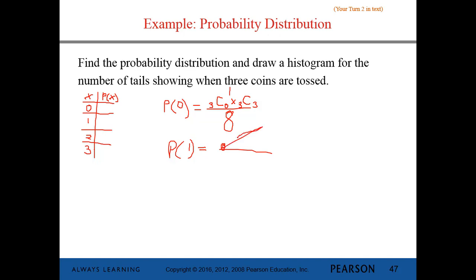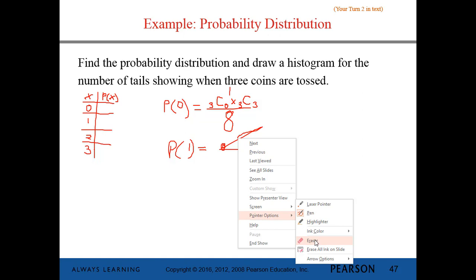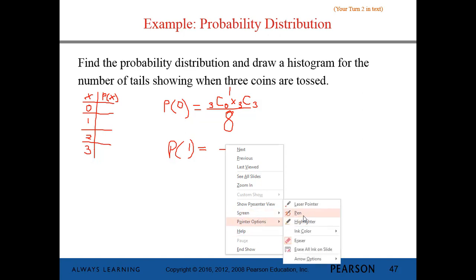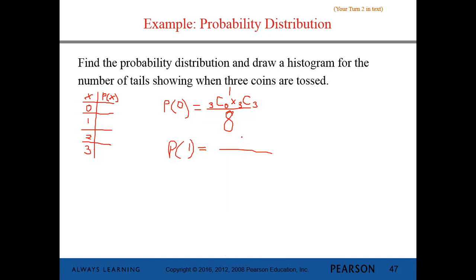There's only how many ways? 3. So here, there's only 3 ways to get 1 tail. So that's going to be 3 out of 8.